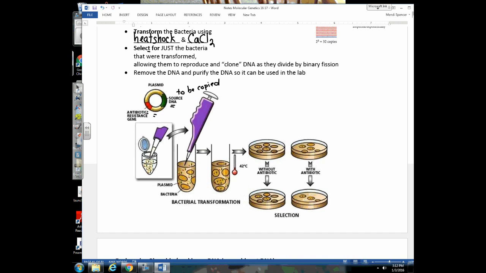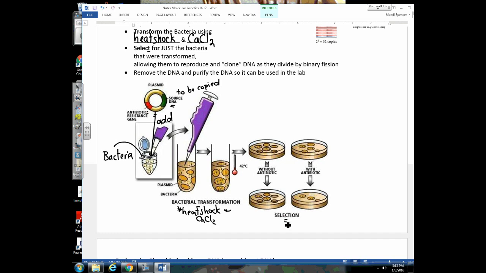This diagram summarizes some of those different processes. We can make recombinant DNA, add it with some bacteria. We can transform that bacteria by heat shock and calcium chloride added to the test tube. And then we can select for the transformed bacteria.